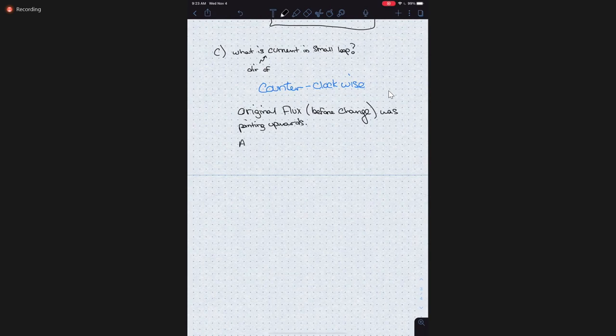As x increases, the flux remains pointing up, because the direction of the magnetic field doesn't change with the distance. It's just the magnitude, so the flux magnitude decreases.